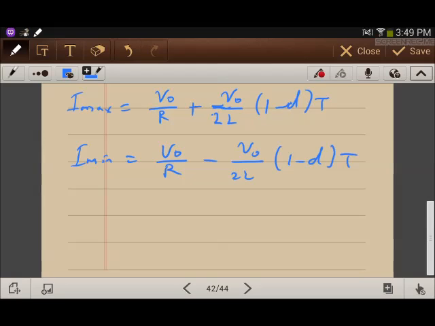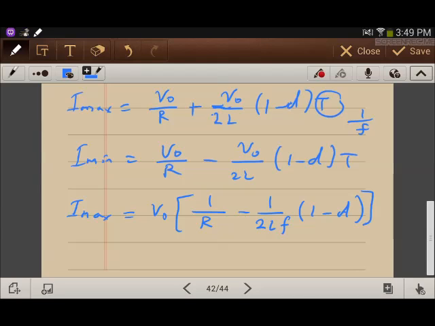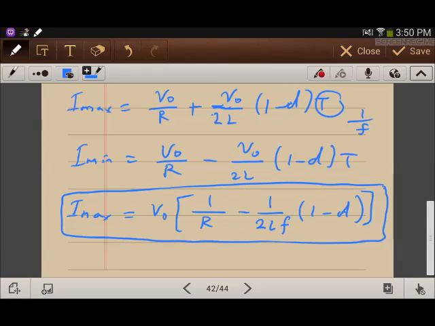So I take V out as a common factor. I will get that I max is equal to V out multiplied by 1 over R plus, and I will replace T with 1 over F, which is the switching frequency, 1 over 2LF, 1 minus D. So this is the equation that we will be using to find the maximum current.